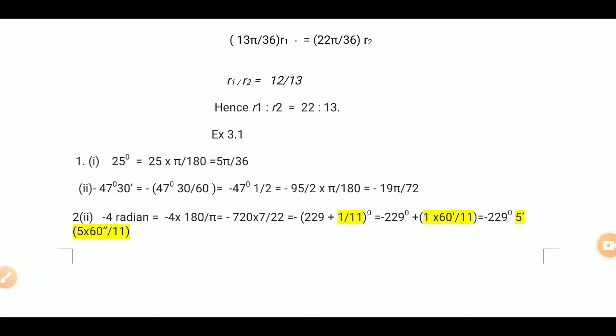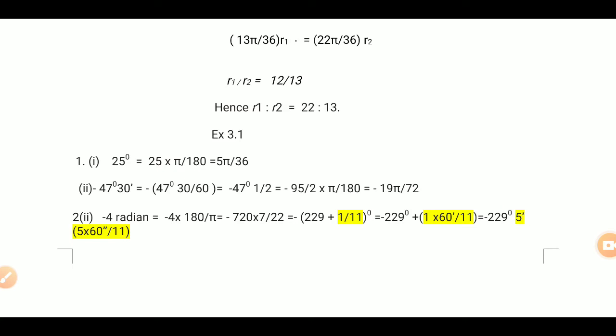Similarly, 47 degree 30 minute, we have to convert it fully in degree. So that is 47 degree 30 by 60. This will be equal to 47 degree 1 by 2 degree.